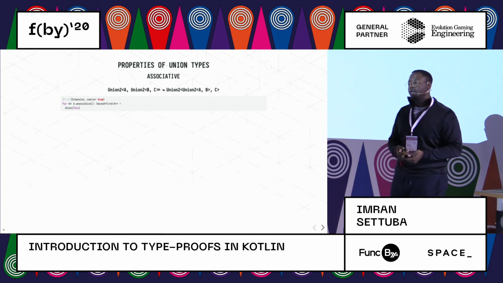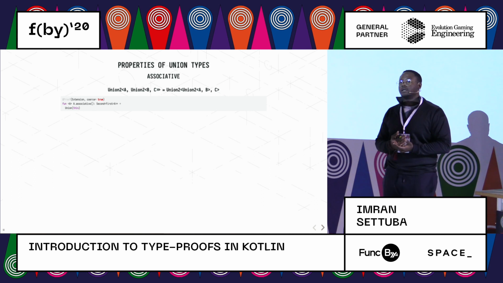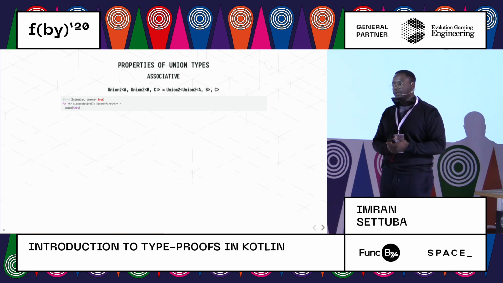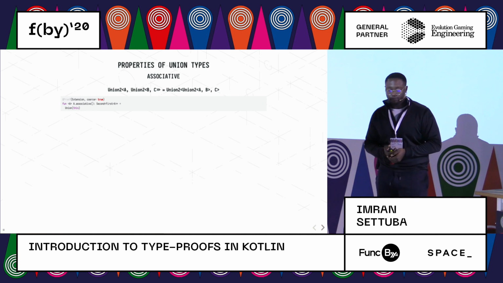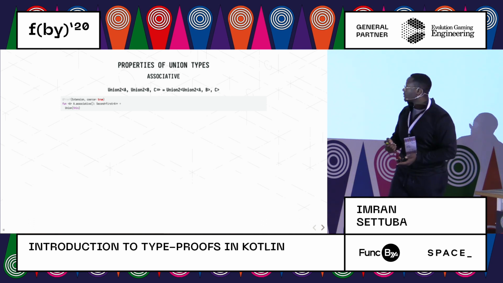Now, moving on. If we want to encode any properties similar to what the lambda calculus has, and if you look into how Meta implements the type proofs for union types, they exactly follow that style. We would go for instance with associativity. That means that a union of 2.